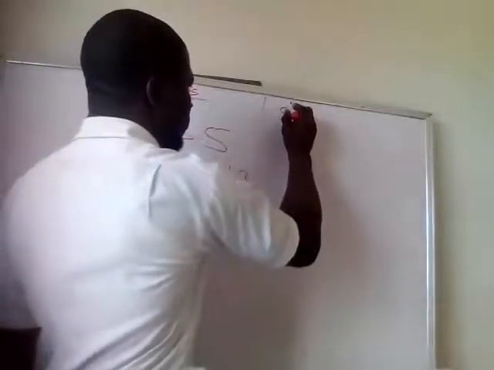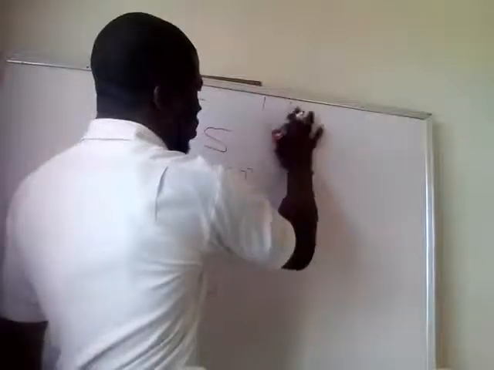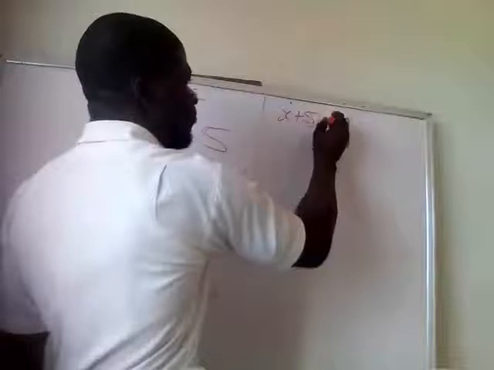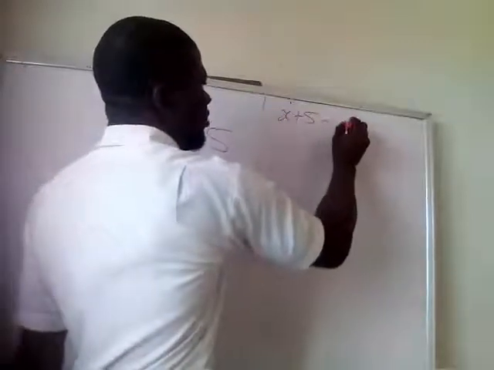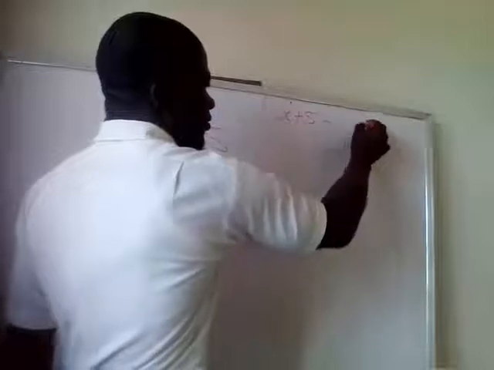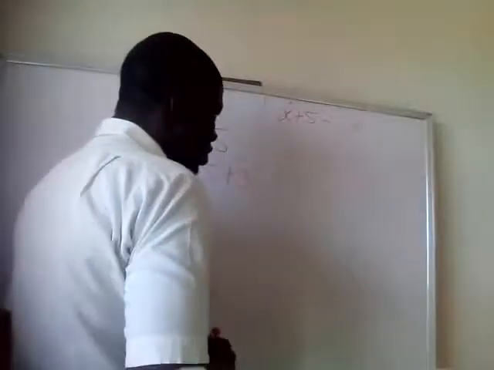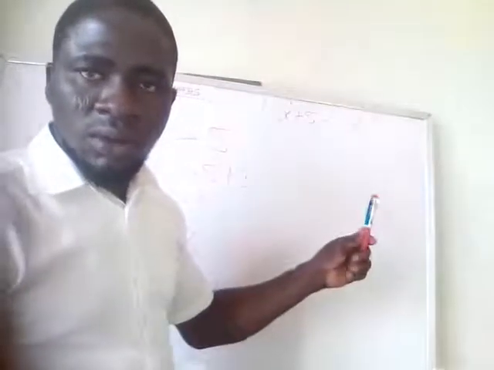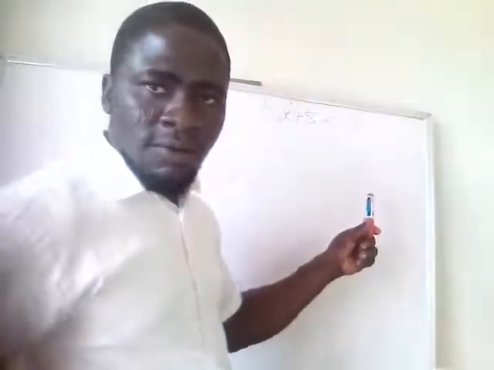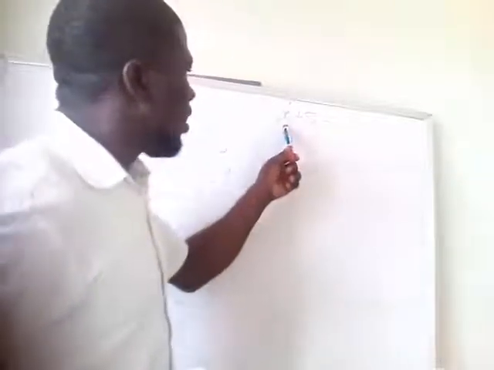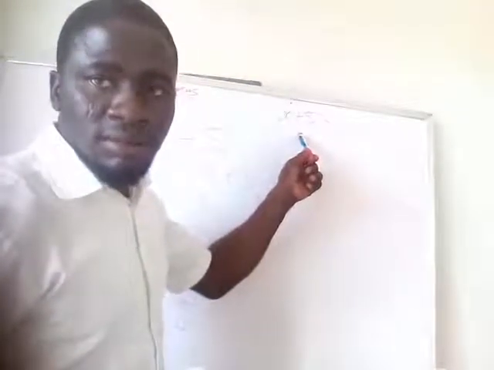x plus 5 is less than 7. From what we did in the balancing method, what we are looking for here is x.